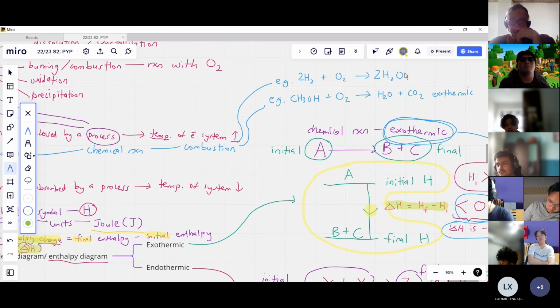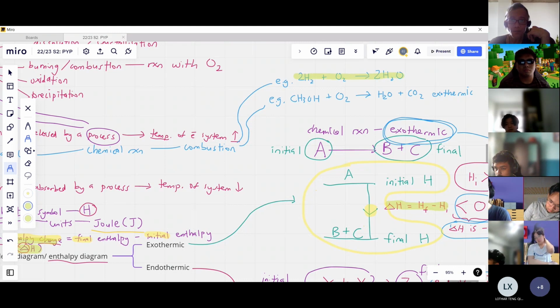I hope you can recognize this second reaction is a combustion too, but in this case, H2 or hydrogen is combusted. And of course, you get water or water vapor or steam. Make sure you also recognize this is an exothermic process.